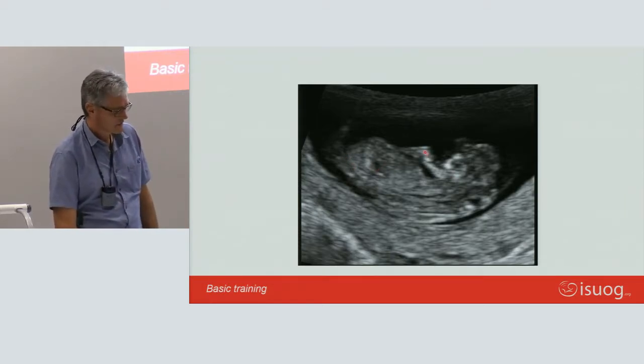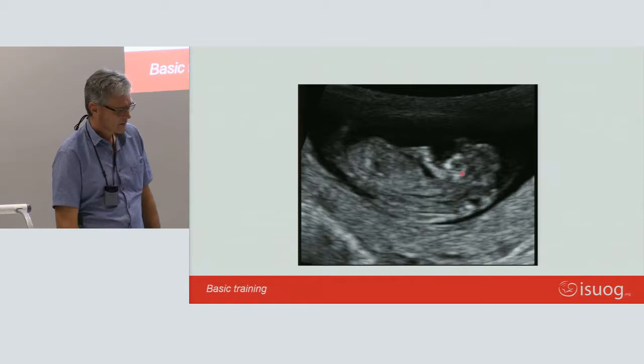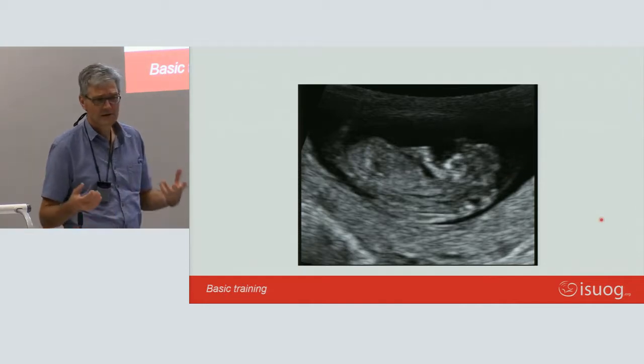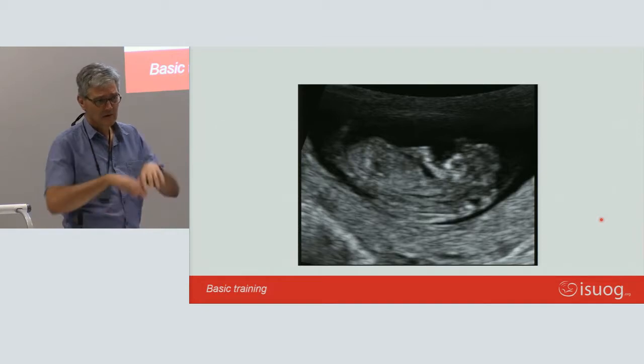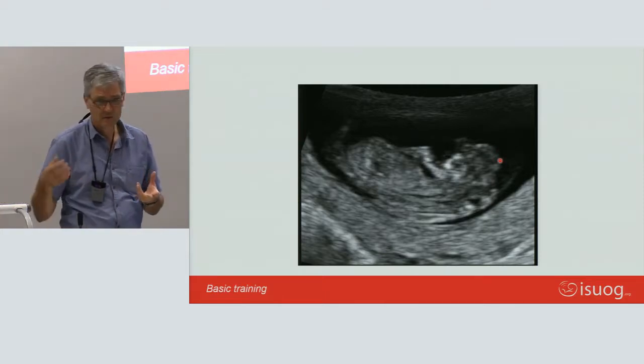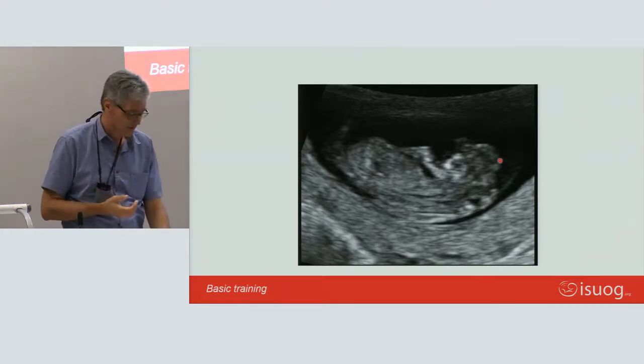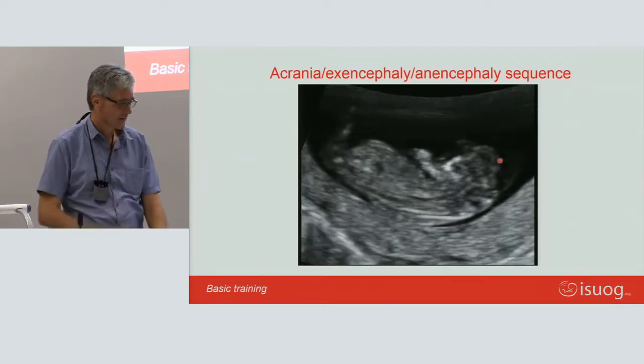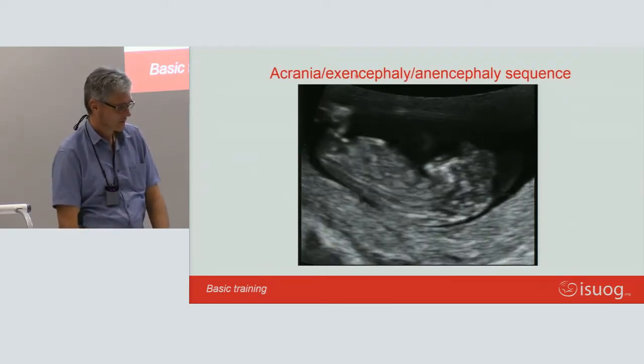There's a stomach, there's probably an arm, and there we can see the whole cranial vault is missing, and it's a bit irregular here. And why is that? Because there's no skull, and so there is still more brain tissue than you would see with a term infant with anencephaly, but this is why it's often now referred to not as anencephaly, but exencephaly.